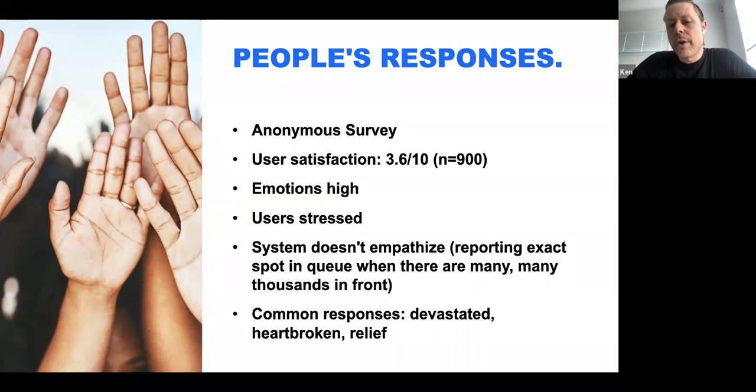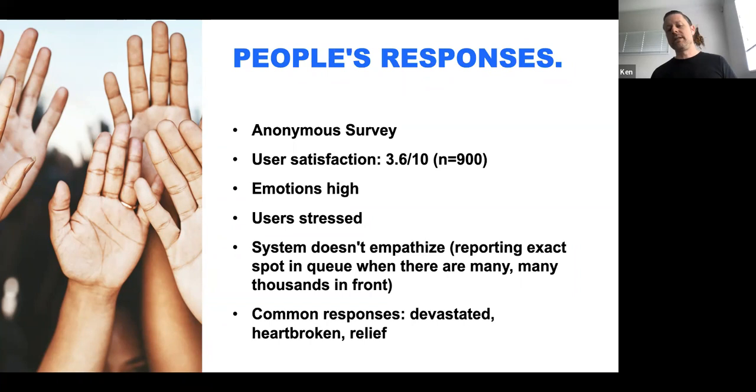The reports described the average user as having very high emotions. They really would like to come back to New Zealand. They might be in a very complex set of situations, so they're quite stressed as well.